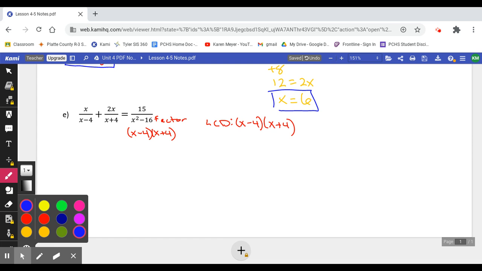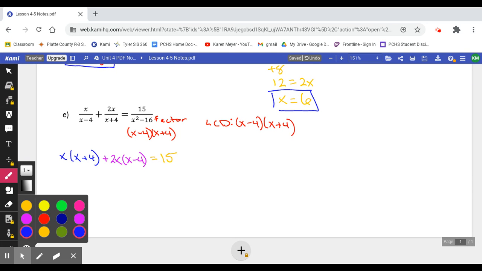So the only thing it needs from the LCD is x plus 4. My middle fraction, it has x plus 4. The only thing it needs is x minus 4. And my last fraction has both of them, so it needs nothing, so the top just stays as 15.